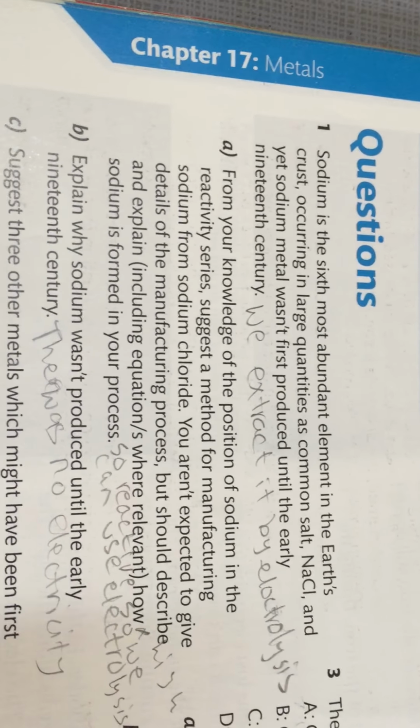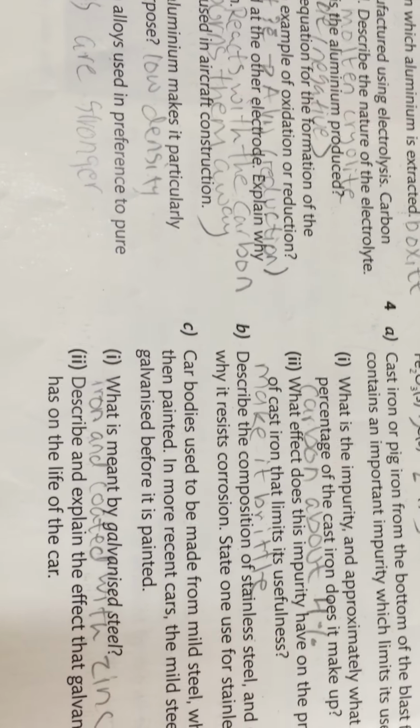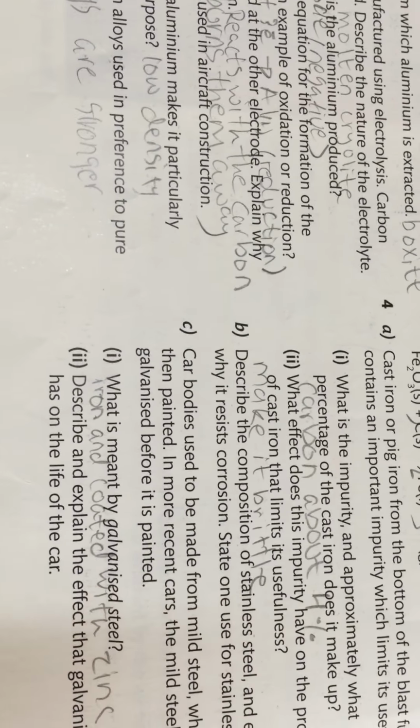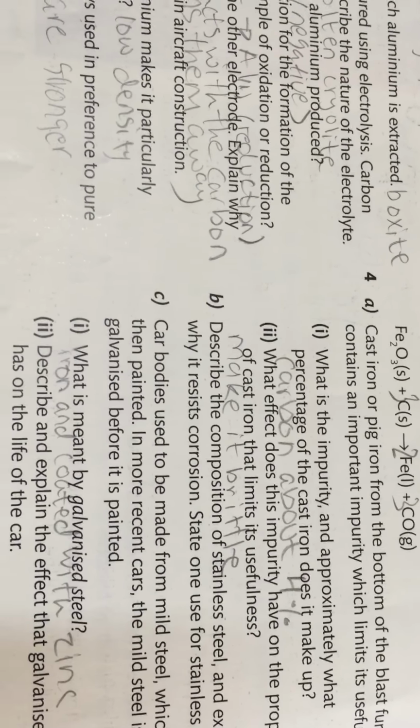Bauxite. Okay. Why do we use aluminium in different kinds of uses. And this equation about the iron blast furnace, you have to know how to label this furnace. Okay, and what does it mean by galvanized steel or galvanized iron? Coat the iron with a layer of zinc. Okay.